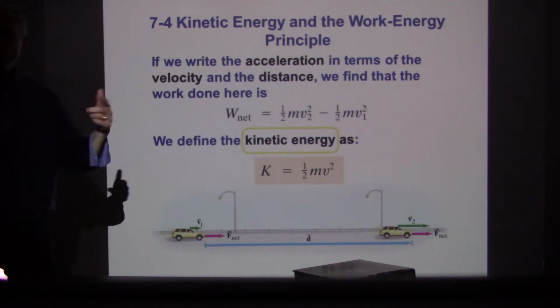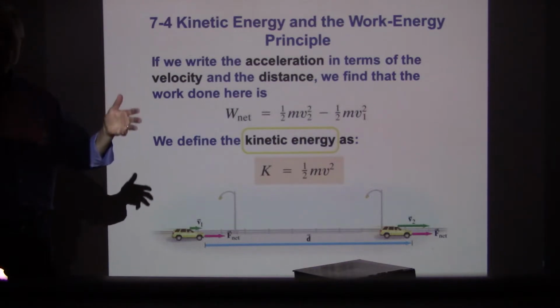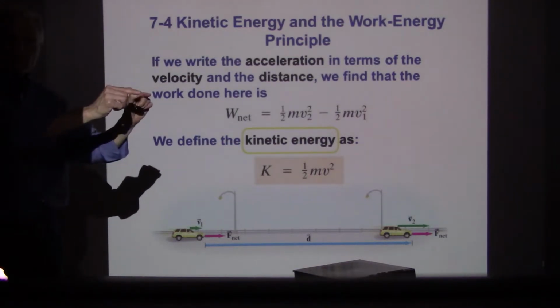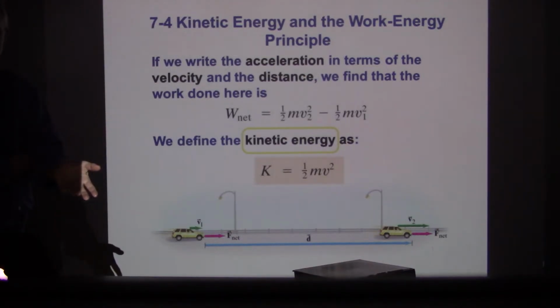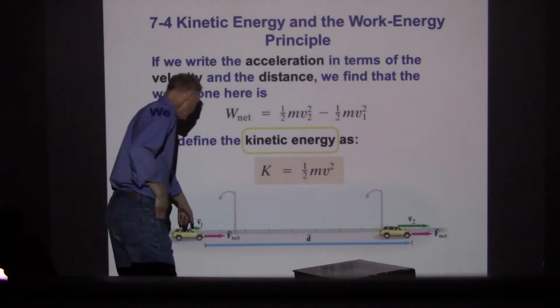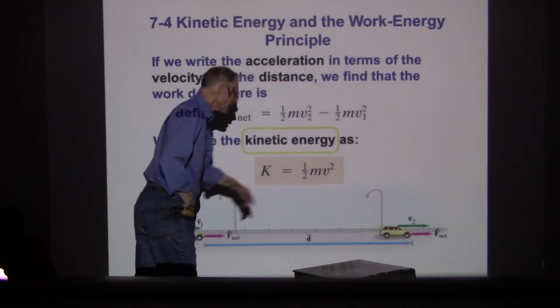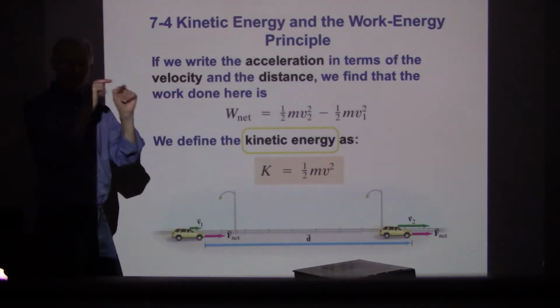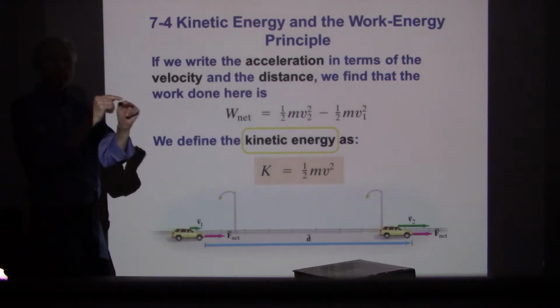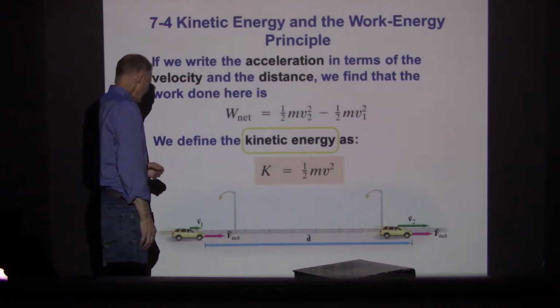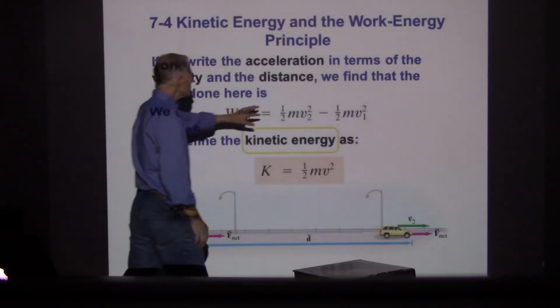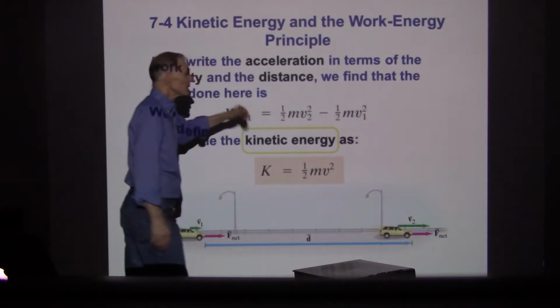It's the frictional forces from the tires and the pavement propelling the car forward, and that is energy transfer. That's work being done. So the pavement is transferring energy into the car by consistently generating a force on the car, pushing it forward. What that's going to lead to is an increase in kinetic energy.